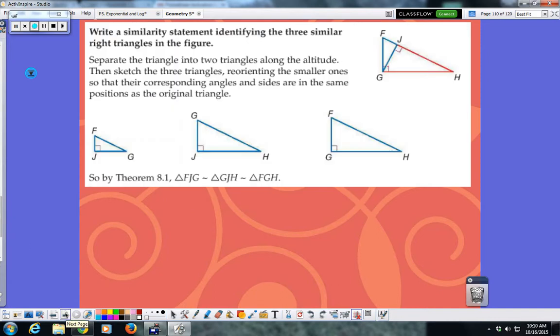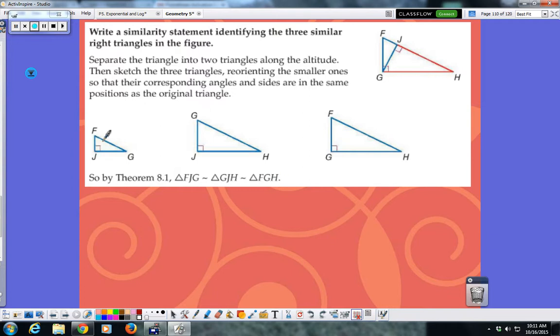And here you see a picture of them. Triangle FGH, which was a right triangle. Thank you, guys. You've got an altitude drawn from J to G, and it splits it into these three triangles, all having similarity. And you see the statement here, FGJ is similar to GJH, is similar to FGH, and you can see which sides correspond.